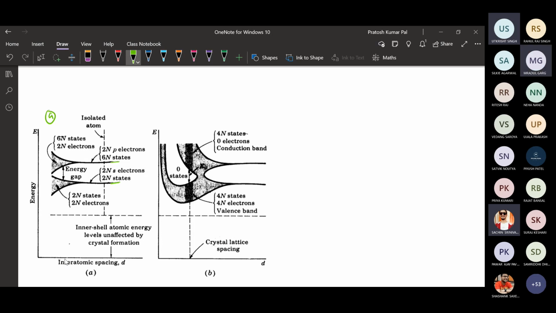The s states will have 2N states, and in the p shell 6 electrons are possible, so 6N states will be there for the p shell. Out of that only 2N, that means 2 electrons, will be occupied, out of this 6N.